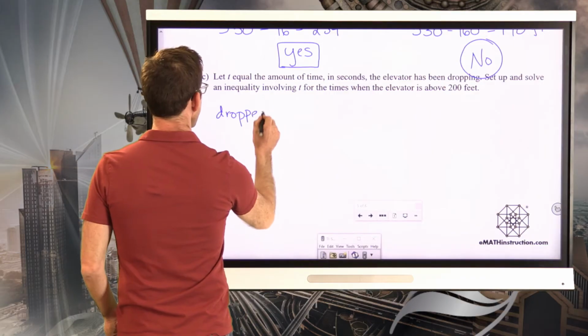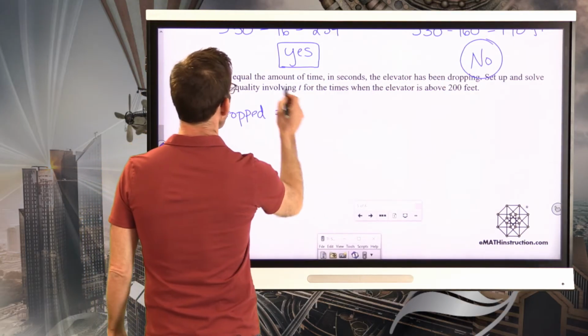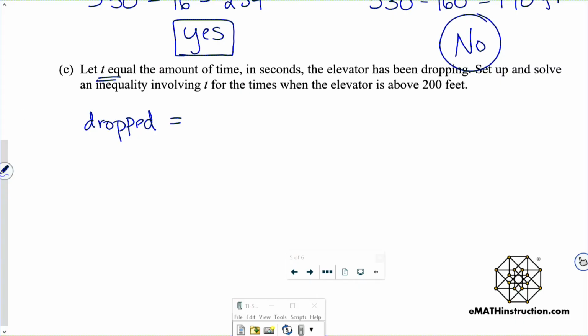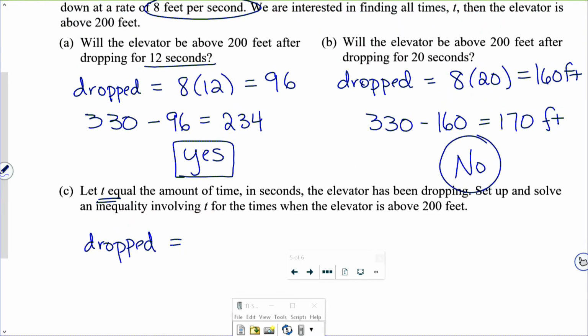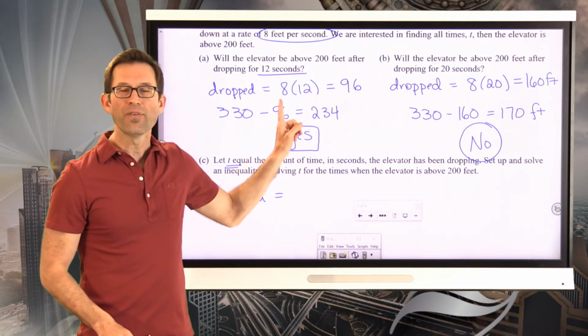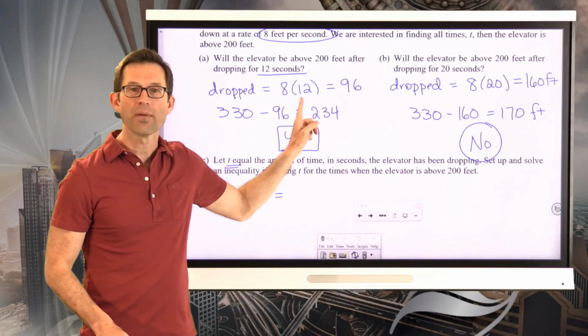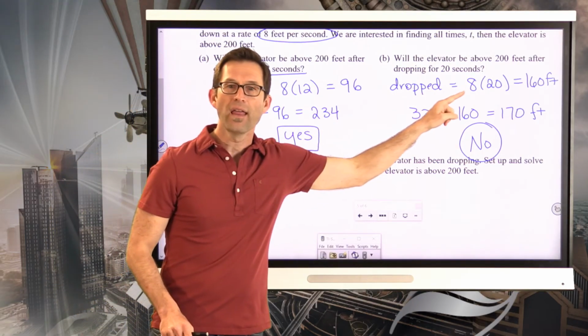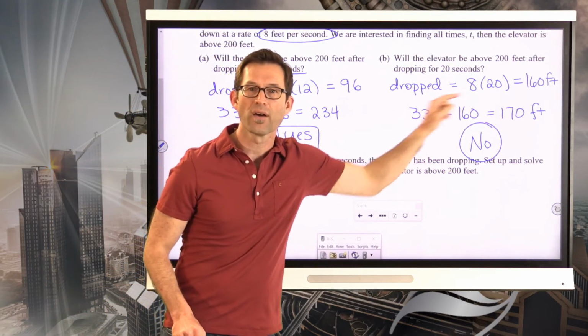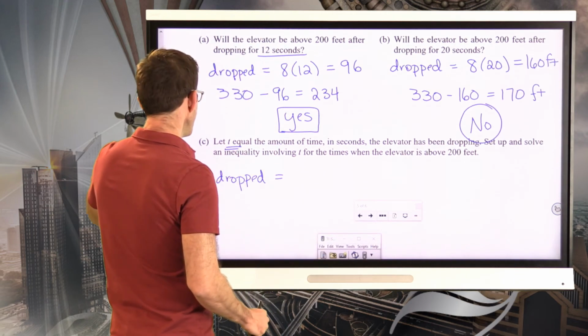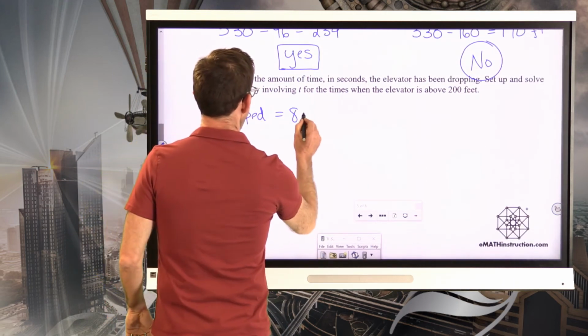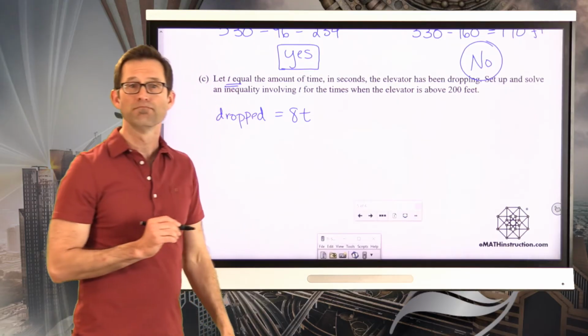So instead of having an actual time in there, now I just have t. And how did we figure out how far it had dropped before? We kept doing 8 feet per second times the amount of time it's been dropping. So it has dropped 8 times t.